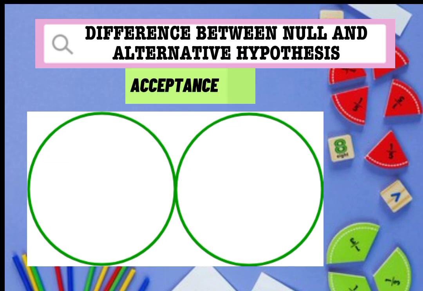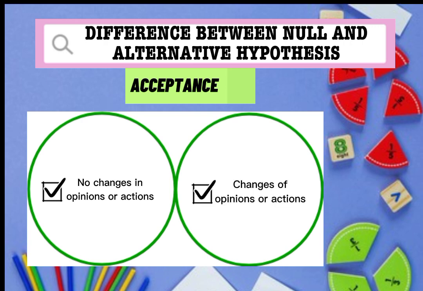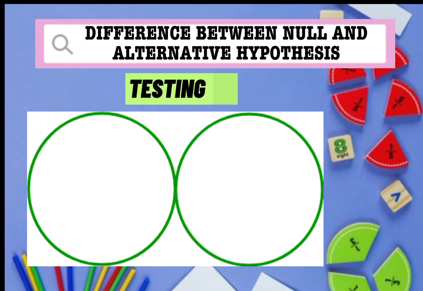Four, acceptance. If the null hypothesis is accepted, no changes will be made in the opinions or actions. Conversely, if the alternative hypothesis is accepted, it will result in changes in the opinions or actions. Fifth, testing. As null hypothesis refers to population parameters, the testing is indirect and implicit.